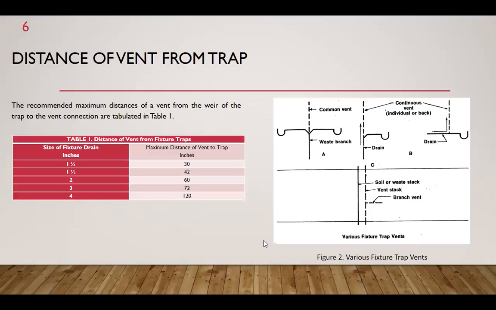For 1 and 1/4 inch, the maximum distance is 30 inches. 1 and 1/2 inch, 42 inches. 2 inches is 60 inches. 3 inches, 72 inches. 4 inches is 120 inches. So this is the maximum distance when you tap a bend. This is the distance from the trap up to here. There is also a minimum.